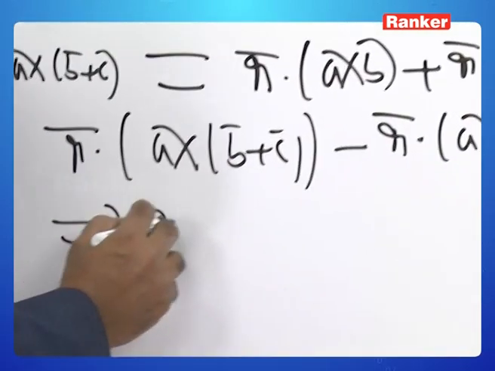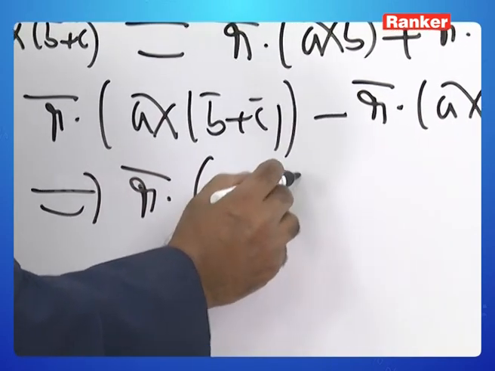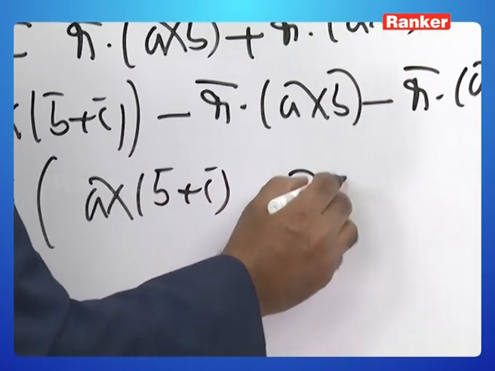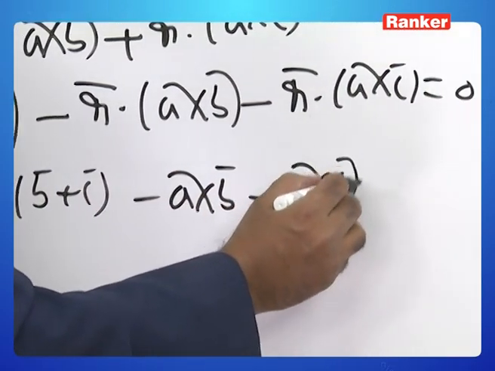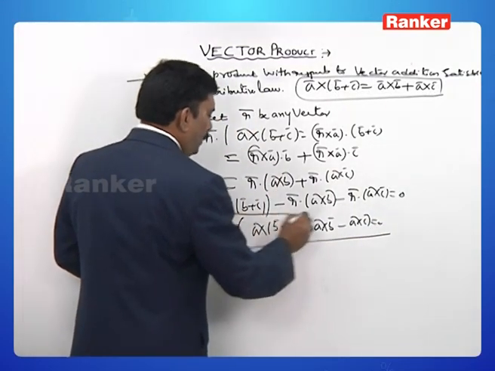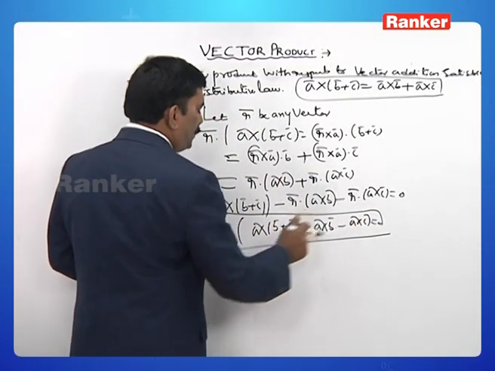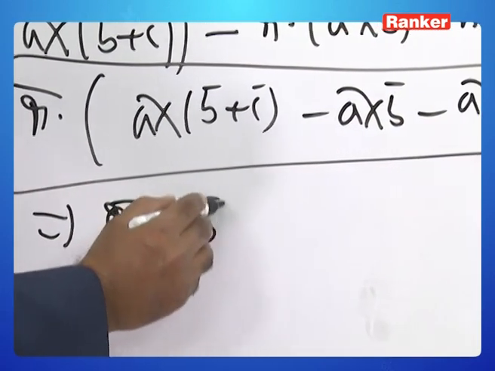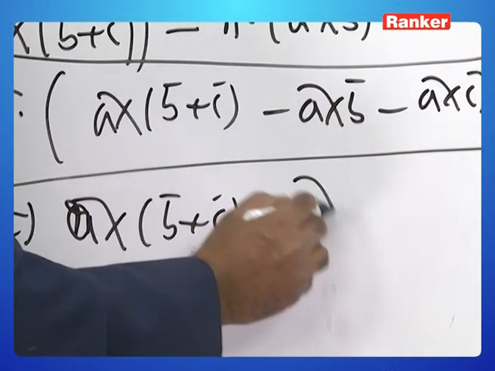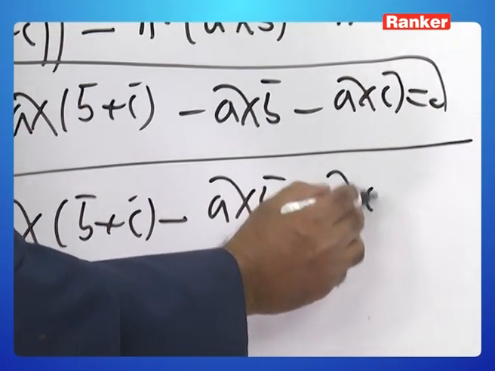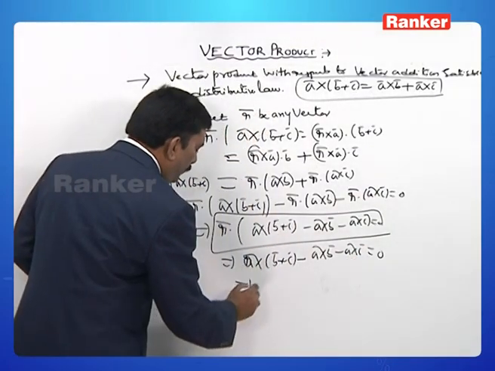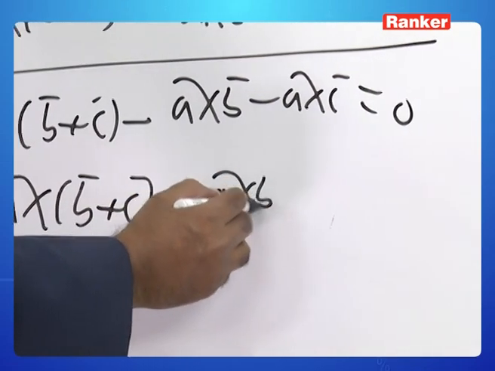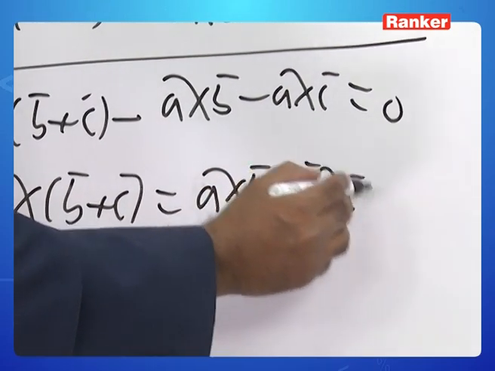So therefore, now I can write r bar dot of a bar cross of b bar plus c bar minus a bar cross b bar minus a bar cross c bar is equal to 0. Whenever the dot product of any two vectors is equal to 0, which implies a bar cross of b bar plus c bar minus a bar cross b bar minus a bar cross c bar is equal to 0, which implies a bar cross of b bar plus c bar is equal to a bar cross b bar plus a bar cross c bar.